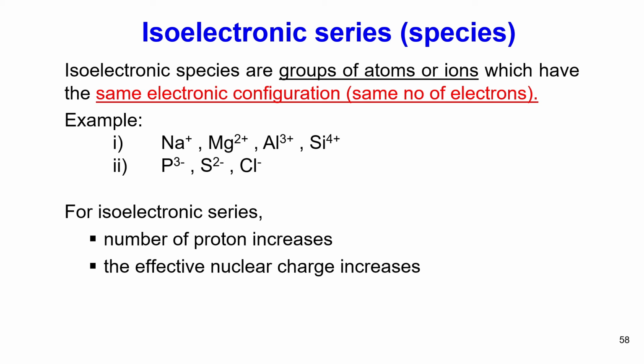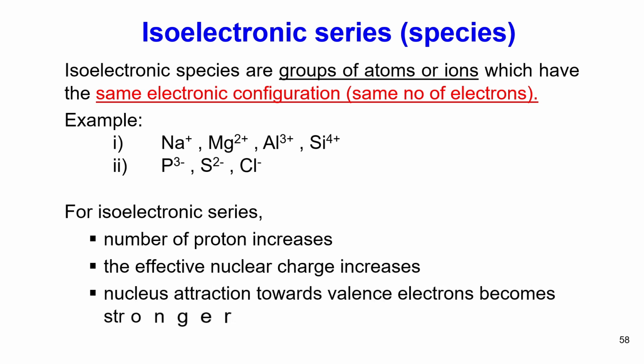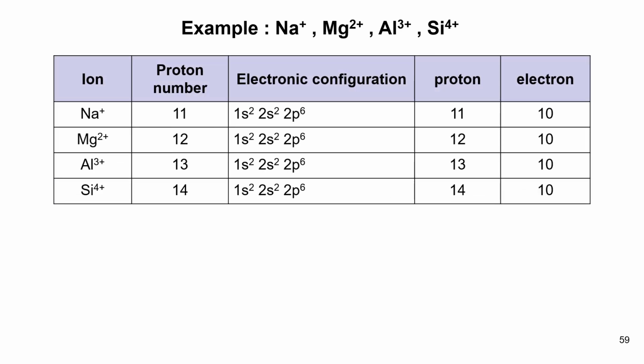As the number of protons increases, the effective nuclear charge also increases, so the nucleus attraction towards the valence electrons becomes stronger. So the size of the ion decreases. For the sodium, magnesium, aluminium, and silicon ions, the number of electrons remains the same. Sodium has 11 protons and 10 electrons. Magnesium 12, electrons 10.